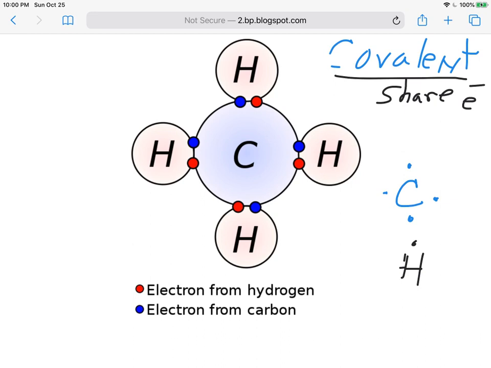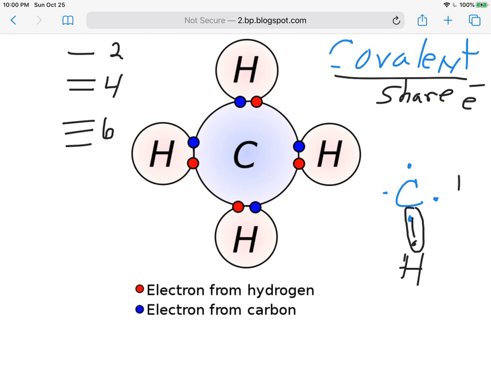Okay, so this bond right here is going to share from dot to dot. You have 1 valence electron on each side of that bond. So when you have one bond, you have 2 electrons sharing. When you have a double bond, you have 4 electrons sharing. When you have a triple bond, 2, 4, 6, you have 6 valence electrons sharing in that bond. The more bonds you have, the stronger the bond is.